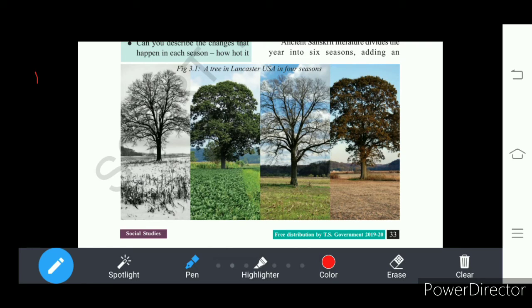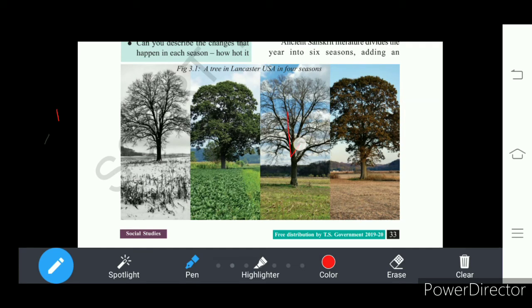You see that a tree is surrounded and covered with snow, right? Here in the first figure, the tree is covered with snow. And in the third picture, you see the same tree from the first figure getting leaves.